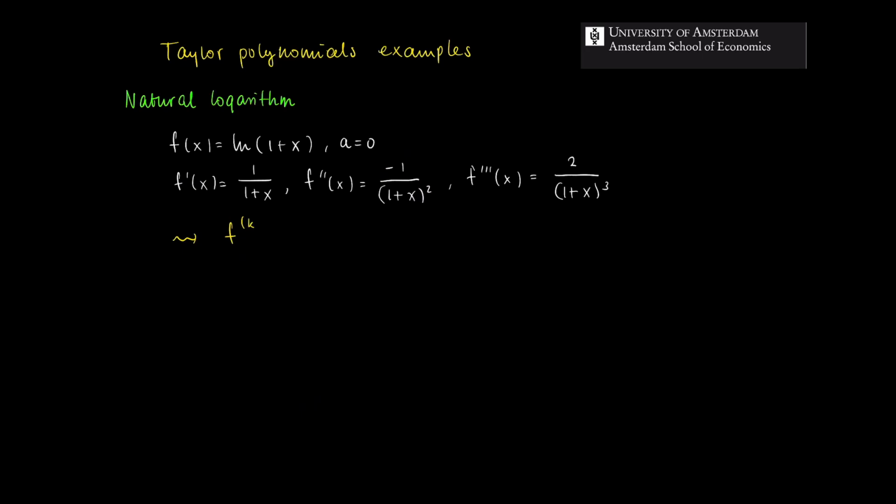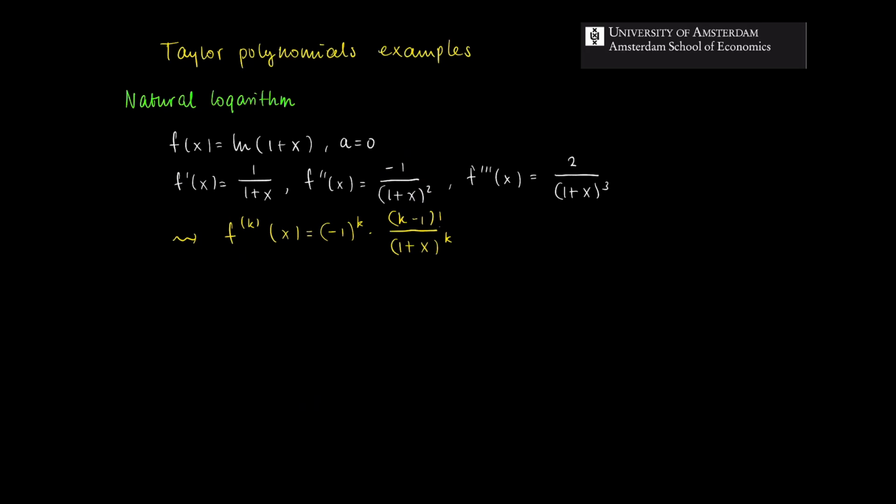We get as the kth order derivative of f(x) minus 1 to the power k. So these signs keep flipping, right? So plus, minus, times k minus 1 factorial, right? Divided by 1 plus x to the power k. That is the kth order derivative of this function.